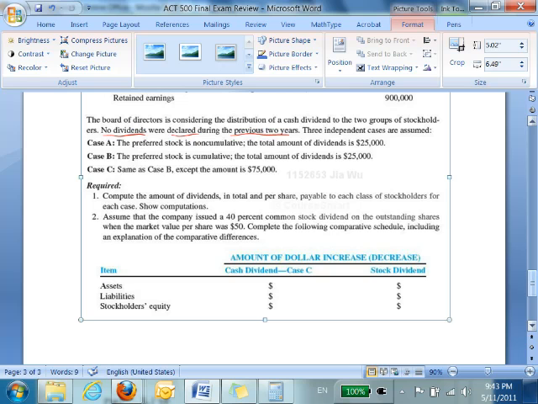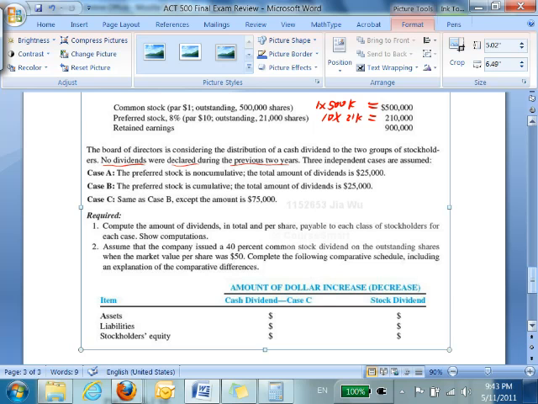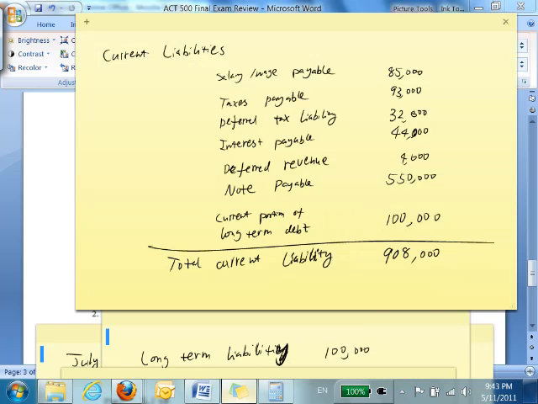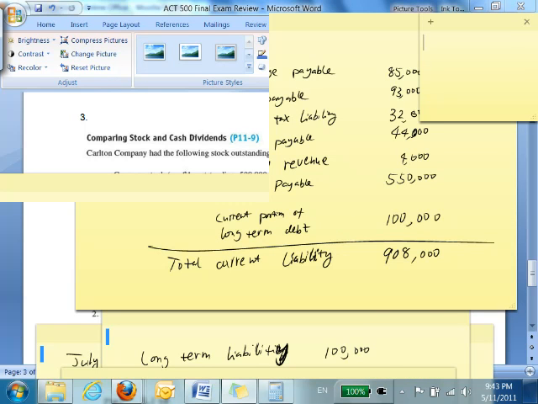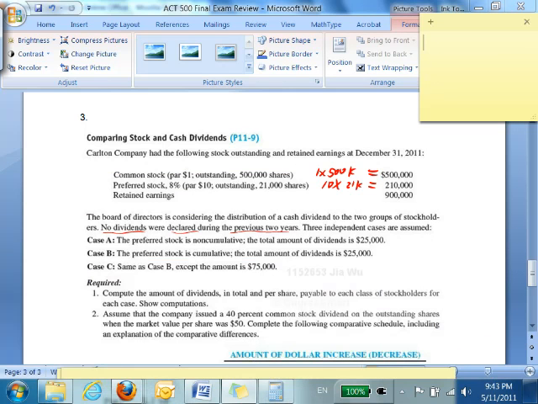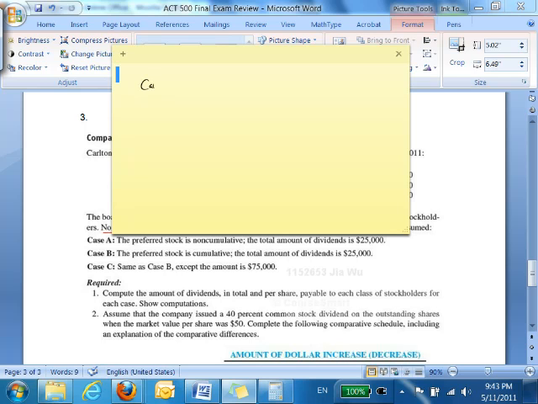Okay, let's see how we solve this one. The amount of dividends in total and per share payable to each class of stockholders for each case. Case A. Preferred is non-cumulative.